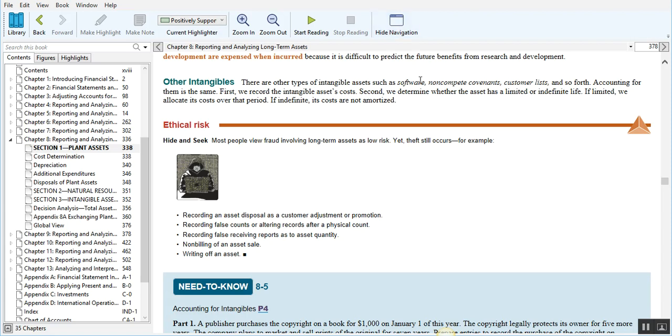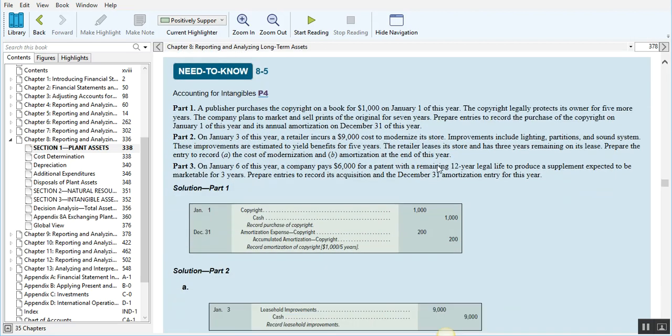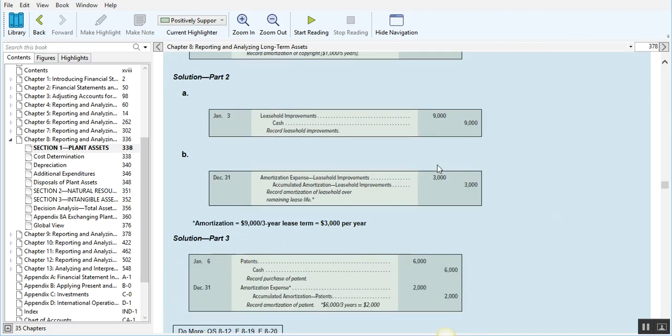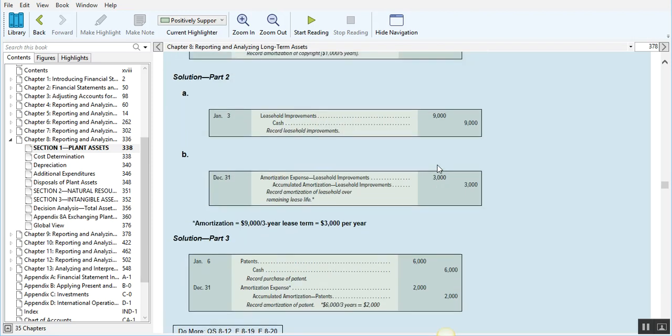There may be some like software, non-competition agreements, customer lists, and so on. But again, that's going to be very similar to the other intangibles. If you know what value it has and how long it should last, you're going to basically amortize that over the length of time that you will use it.